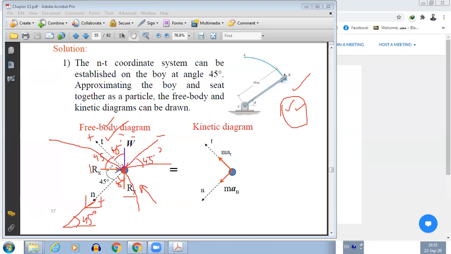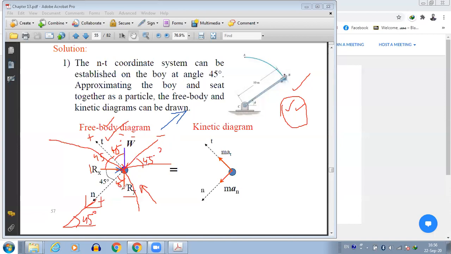If I take the projection of Rx on the normal direction, it will be directed outward. So it will be negative.